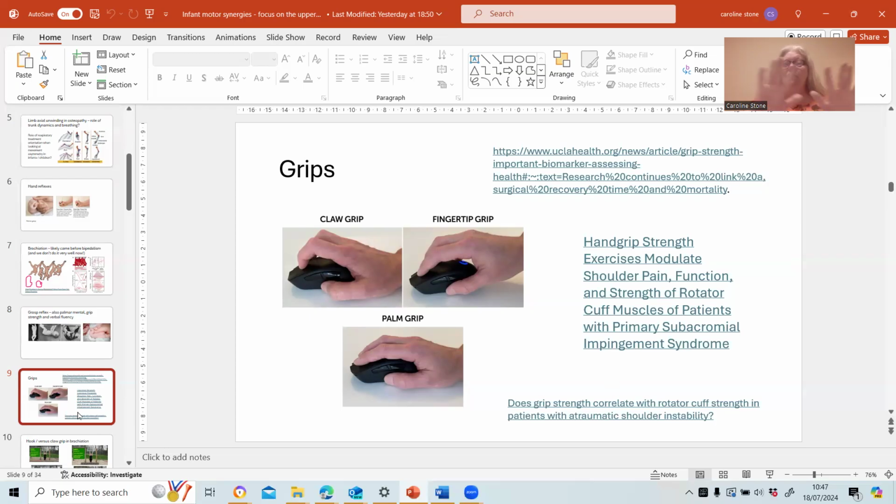And the grips that we go through, there's a whole variety of claw grips, finger grips, even gripping with your palms, in order to eventually have a whole series of things that we can do in terms of fine motor control. But initially, the infant is using gripping for object manipulation, but also ultimately to cross the midline.